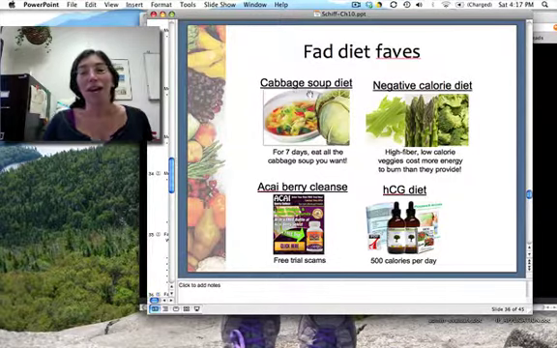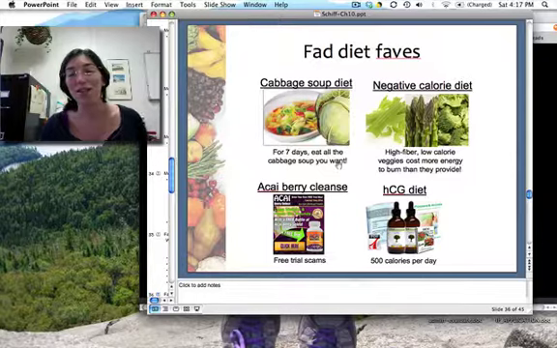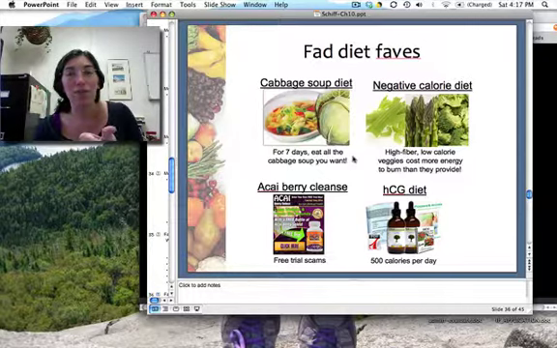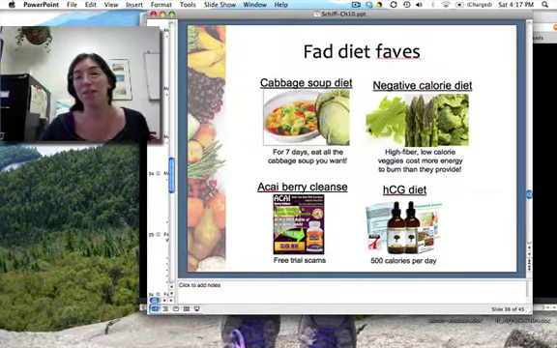And cabbage can have a laxative effect, so it can help you lose water weight as well. So again, cabbage soup diet, fad diet, it limits your food selection, it's temporary, it promises lots of rapid weight loss, a lot of BS flags there.